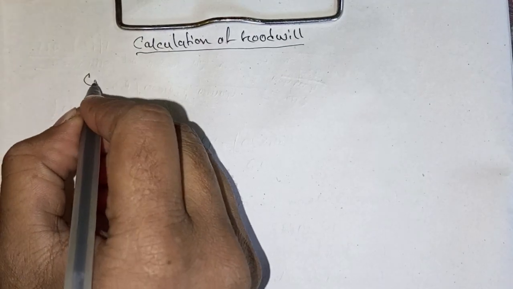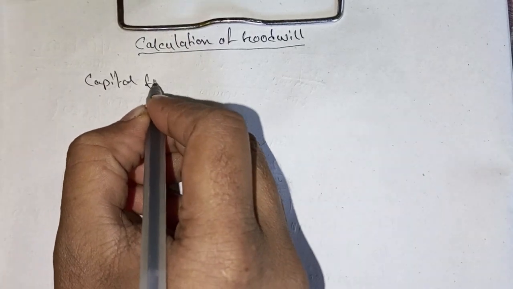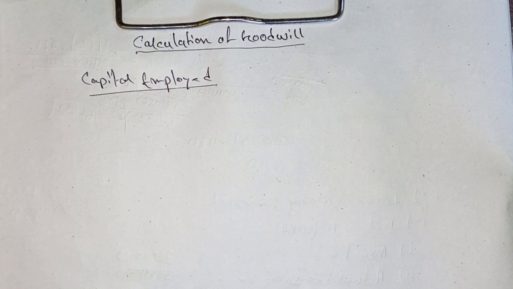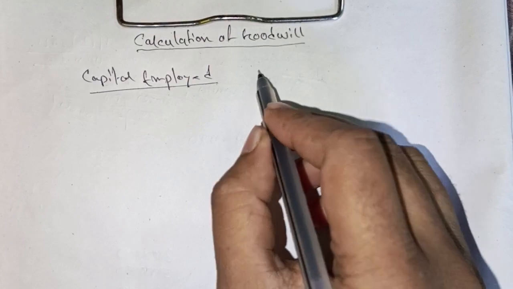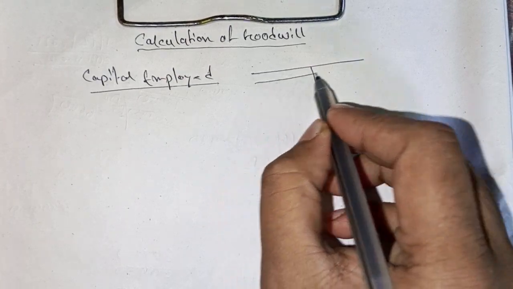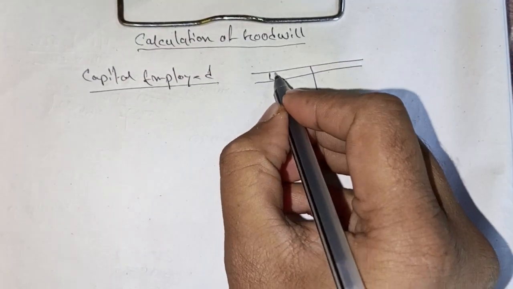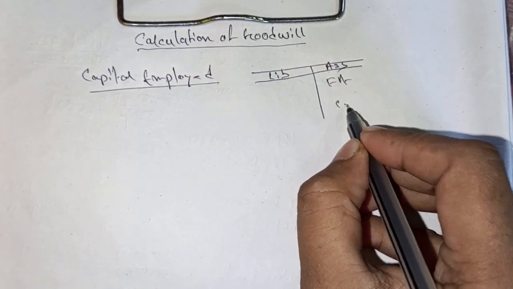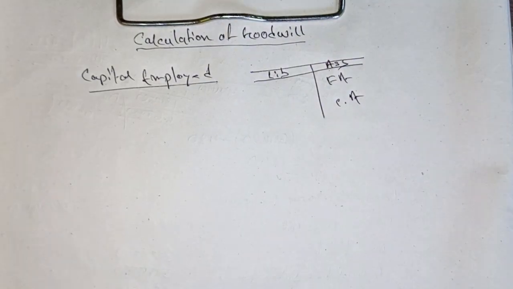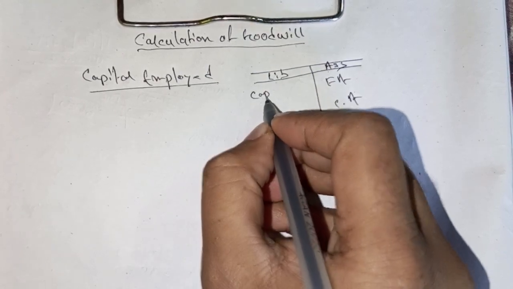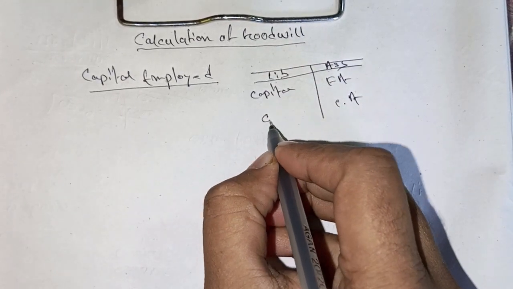So tell me, what is the capital employed? Do you know what is the capital employed? If I teach you in a simple manner, you can see this is a balance sheet, this is the liability side, and this is the asset side. Here is the fixed asset and current asset, and on that side we write the capital, and here current liabilities.